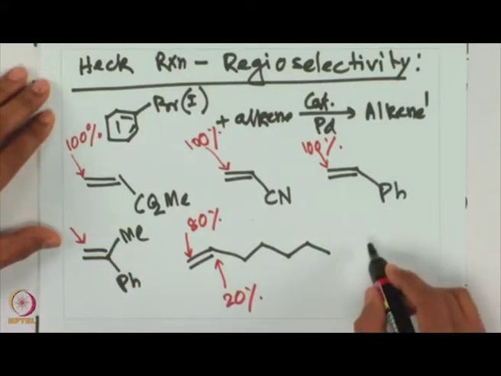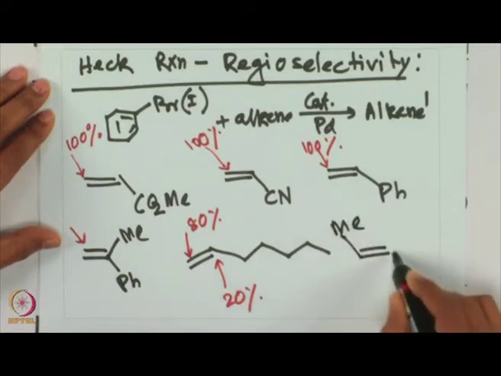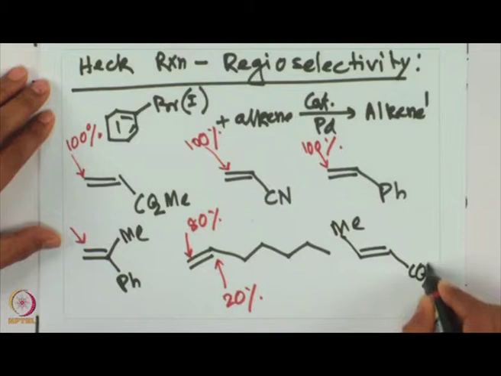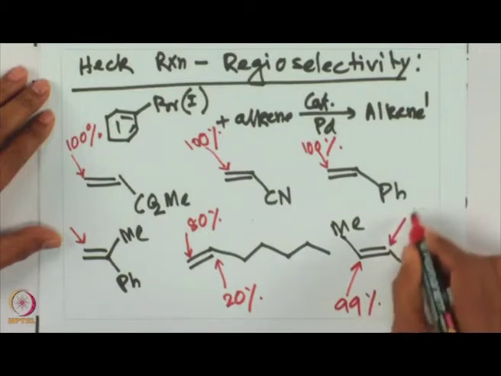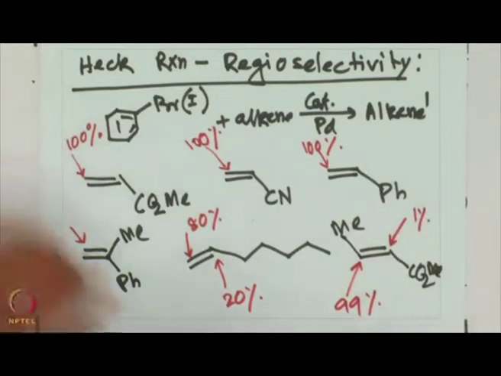Overall, as you keep asking more and more questions with these different substrates, previously it was 100% over here, now this is 99% and this is 1% and so on. Well, that remains the overall reactivity pattern for such a reaction.